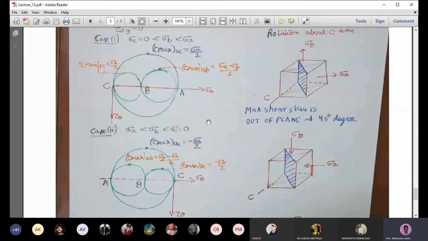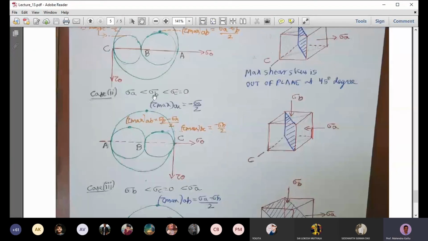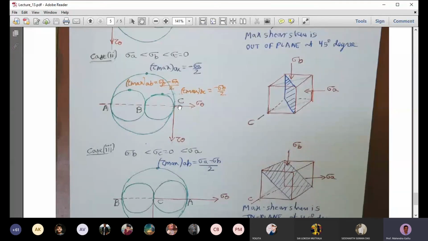Similarly, we can have another scenario where both stresses are compressive, and the magnitude of sigma A is greater than the magnitude of sigma B. Then we can plot the sigma theta and tau theta axes here. We can identify the coordinates: C is 0, 0, B will be minus sigma B comma 0, and A will be minus sigma A comma 0.